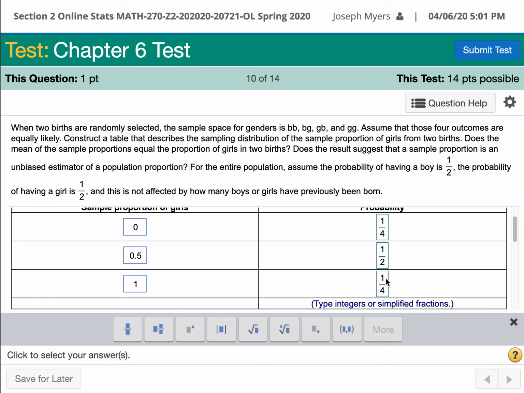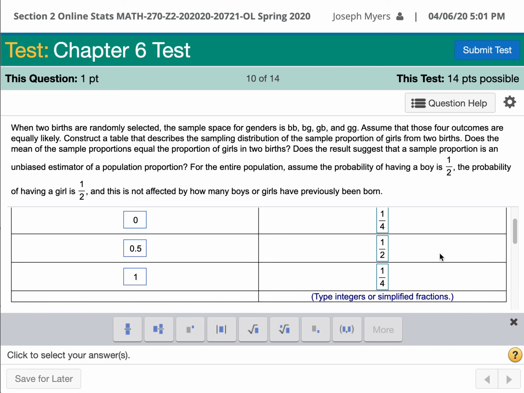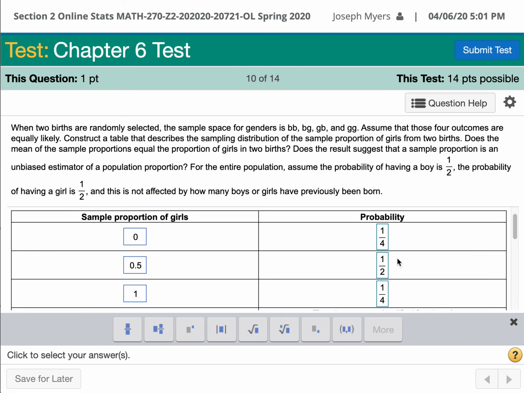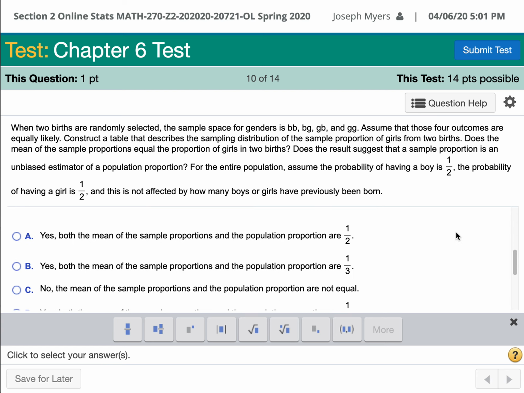Then you add them up. So you get 0 plus 1/4 plus 1/4, which is 2/4, and 2/4 reduces to 1/2. So you get 1/2 both times when you do it. If you calculate the proportion from these numbers, or if you calculate the expected value from these probabilities, both ways you get 1/2.